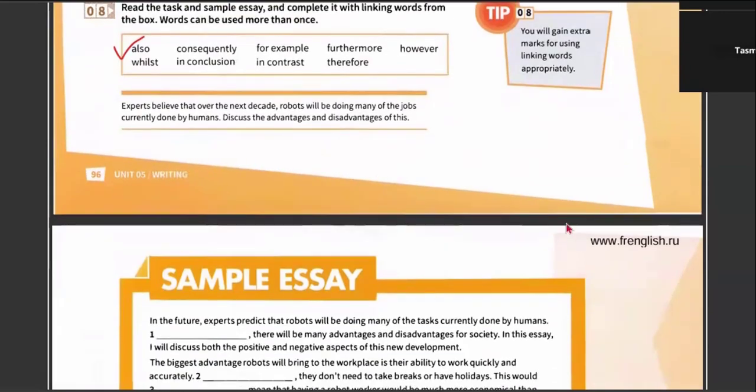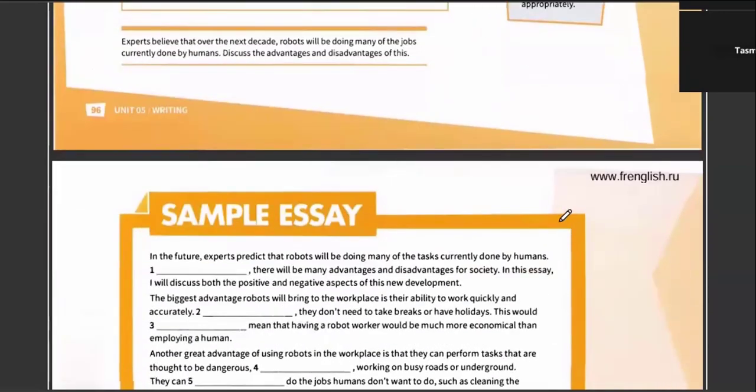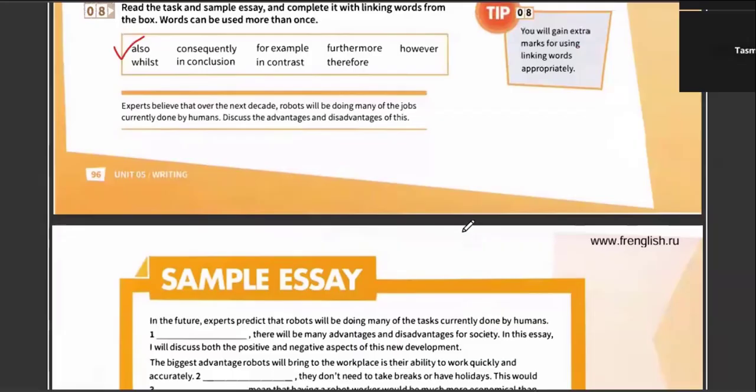Yes, this is actually very important. Whenever you are using a very good placement for your linking word, there will be extra marks given. Suppose your mark got cut in one of the paragraphs, suppose in the first paragraph you got -1, and in the second paragraph you used a linking word very nicely and very appropriately, that mark you will gain in the second paragraph just for using an appropriate linking word.